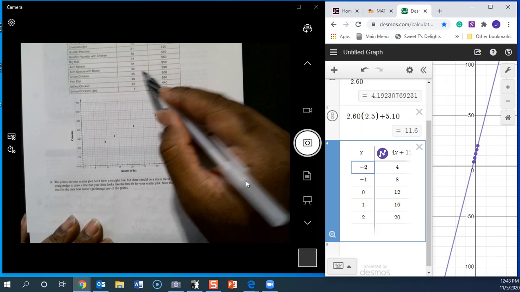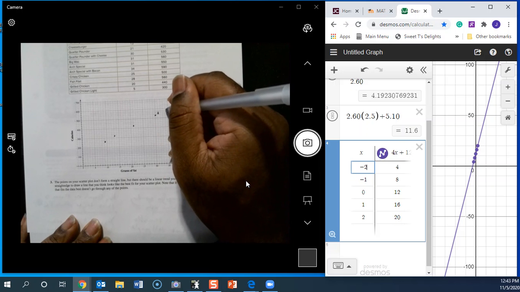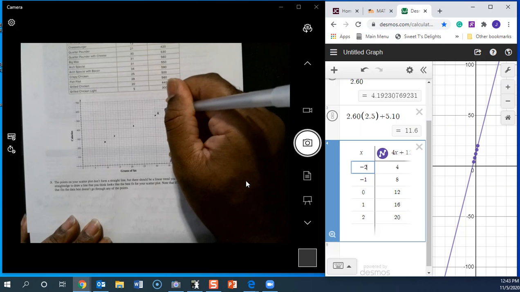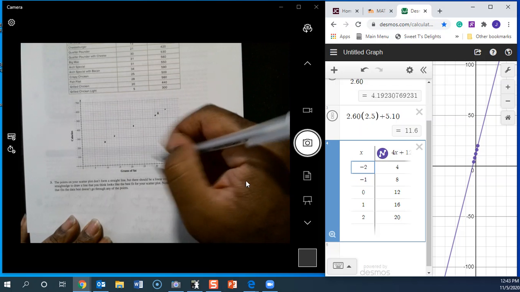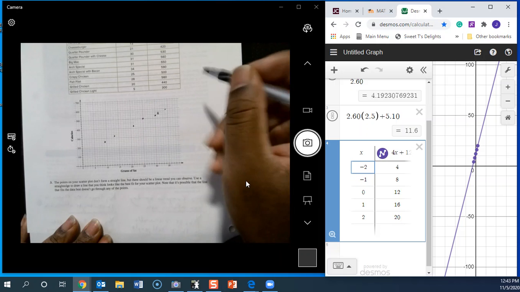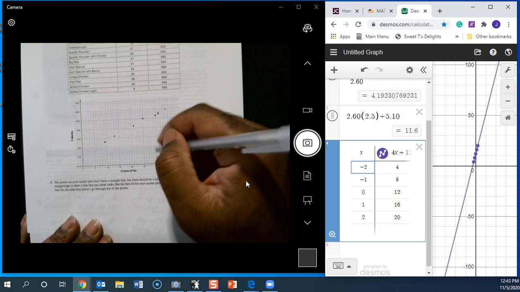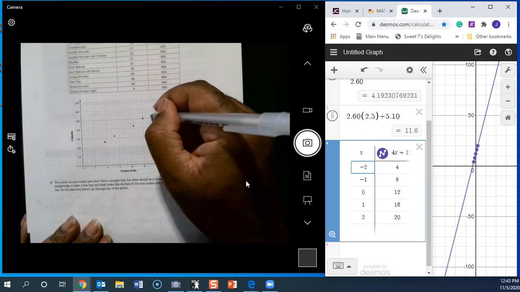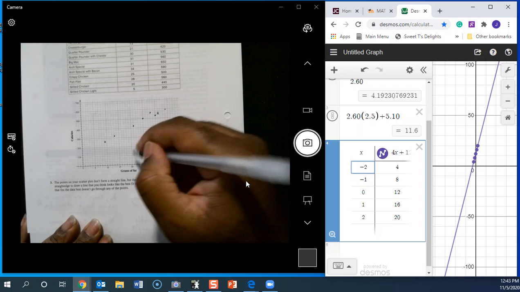And then we have 34 and 590. 25 and 500. 28 and 560. 20 and 440.